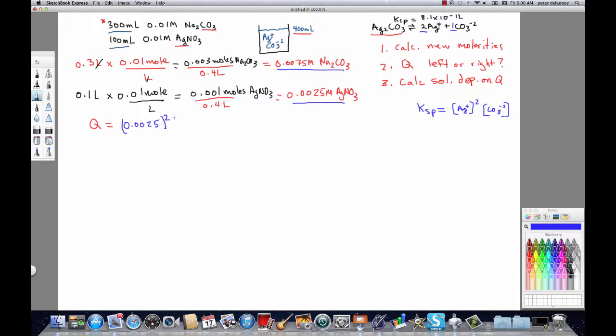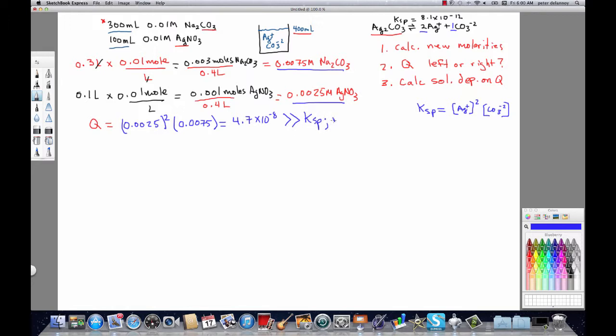And then we have the concentration of the sodium carbonate, which is 0.0075, and so the grand total here is going to be 4.7 times 10 to the minus 8th. Now, 4.7 times 10 to the minus 8th is a bigger number than 8.1 times 10 to the minus 12th.